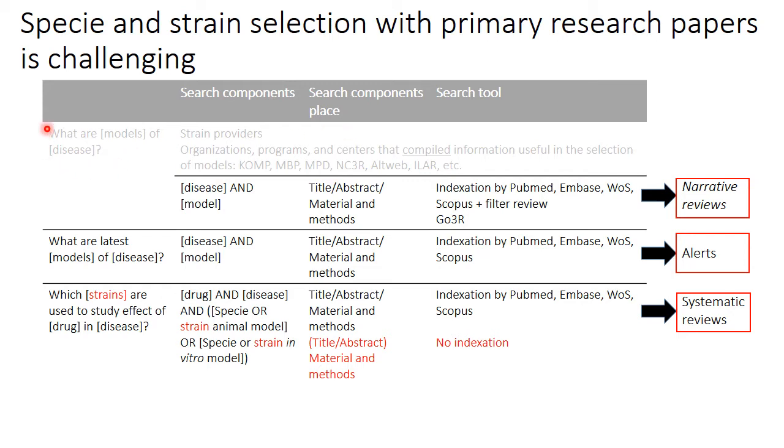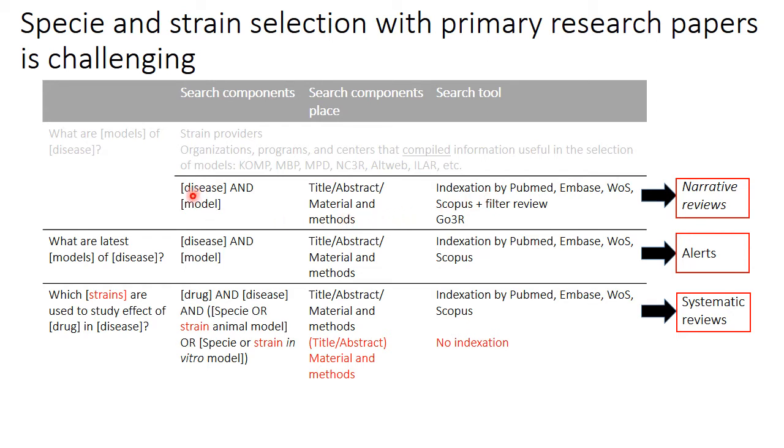So let's imagine that you start your search, and of course you should try to look for compiled information with this type of information source. But then you could also try to find some narrative reviews giving you an overview of what strains or species are used for a certain question to study a disease.